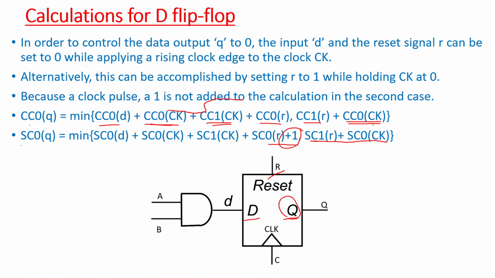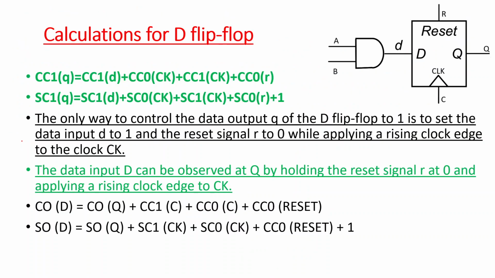But here we are keeping the clock just at 0 and applying the reset, so obviously the output will be 0, and the clock should remain at 0. Because of no clock edge, we are not adding any 1 here, whereas we are adding 1 here for SC0, the sequential controllability of 0 for Q. So this point must be understood.